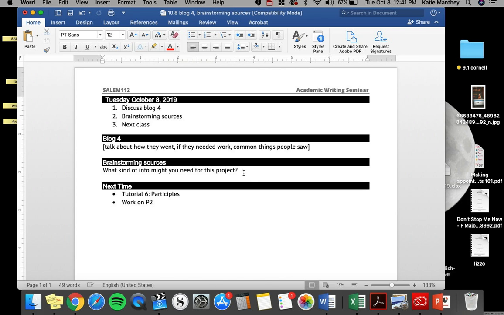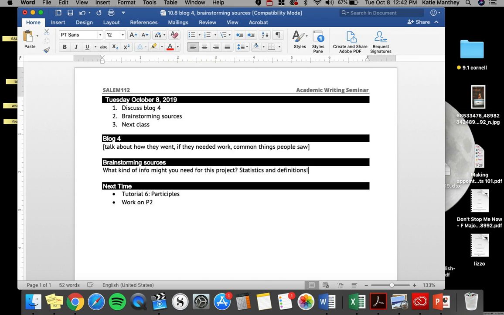So 2 things to really keep in mind are statistics and definitions. In the past, these have been the 2 things that have been the most useful for people when they've done this sort of remix. So where in your paper do you make a claim that might be useful if you could also give statistics? Like motherhood.